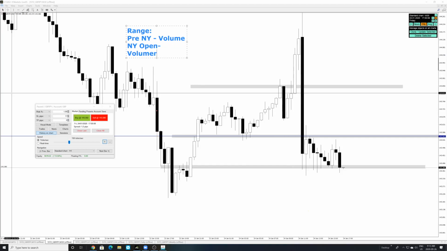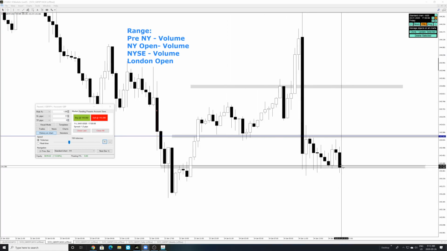There was volume, but we still ranged, right? And then we had NYC open. There was volume, but we ranged. Now we're moving into London Open. London Open also has volume, right? So if we're getting a candle closing over here bearish, and if there's going to be volume at London close, it should continue down.